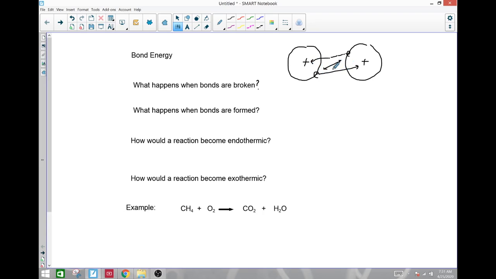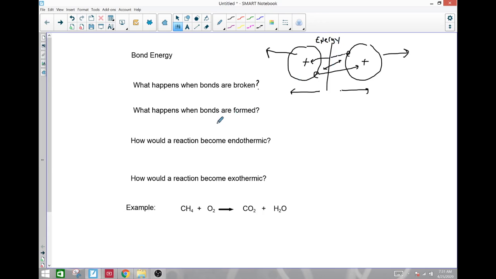It's just sitting there. But in order to separate this atom from this atom, I'm going to have to break these attractions. I'm going to have to physically pull this one this way and pull this one this way. That's going to require energy. Okay?